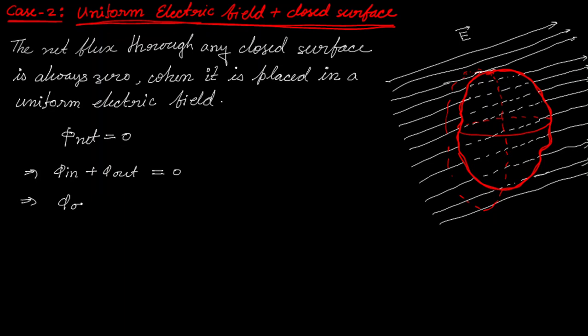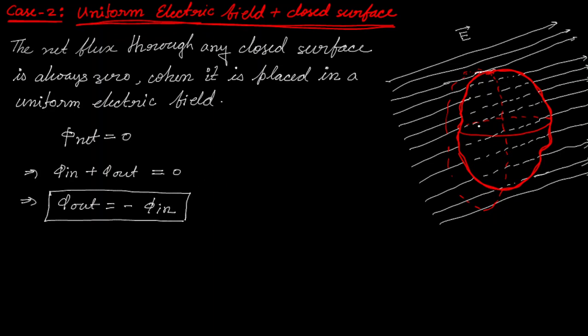And from there we can write flux out equals minus flux in. They will have opposite signs. If flux in is negative, then flux out will be positive.